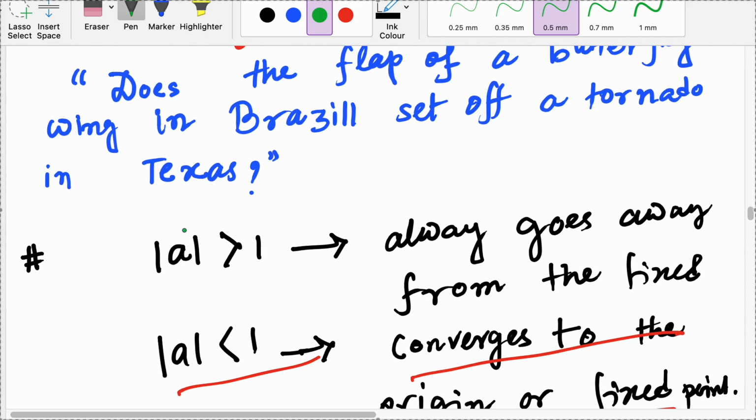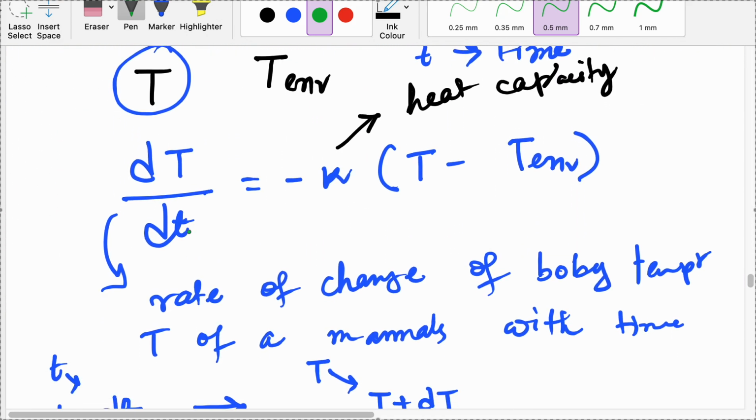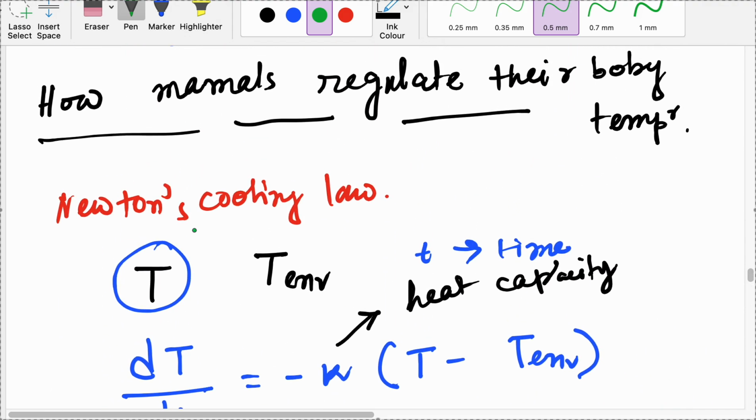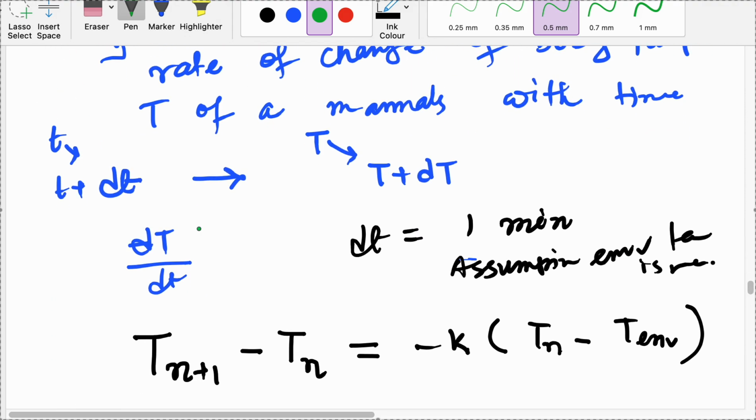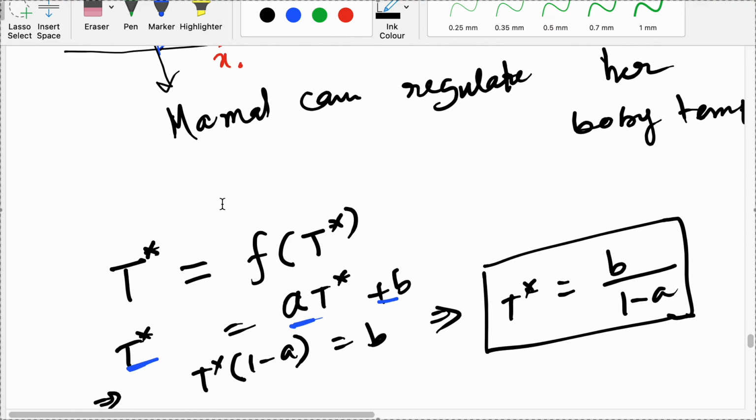And in this context we have seen how we can map a physical thing, which is how mammals regulate their body temperature, through an affine map.